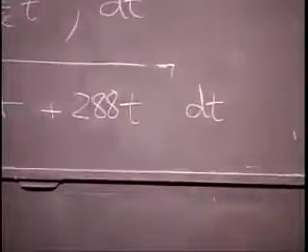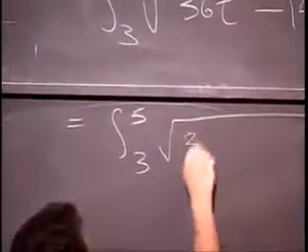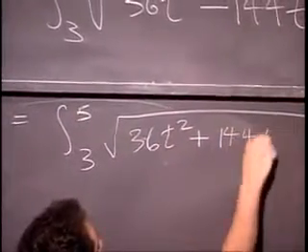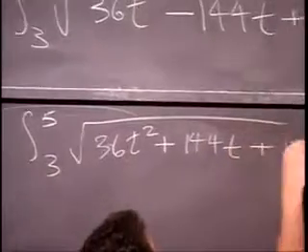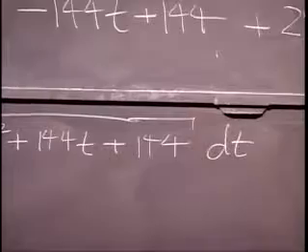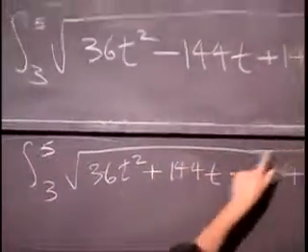So if you work this out, you get 36t squared plus 144t plus 144 dt. And you might notice that the original is 36t squared minus 144t plus 144.